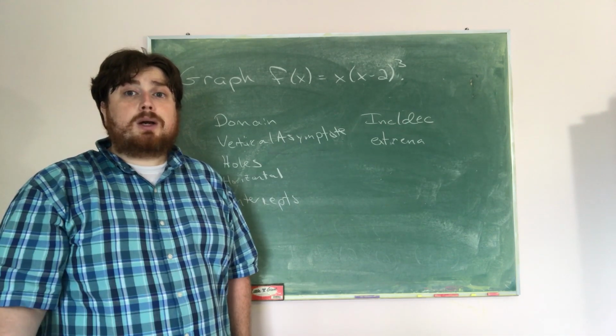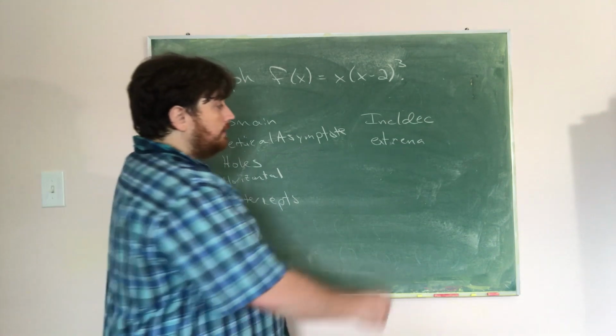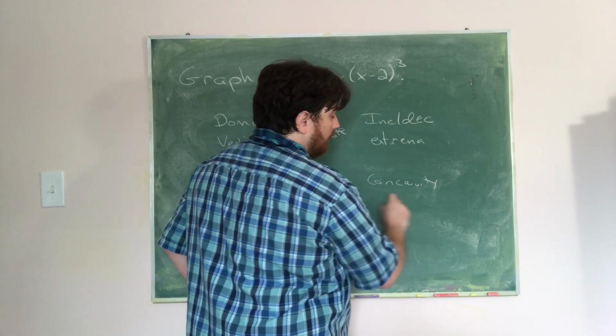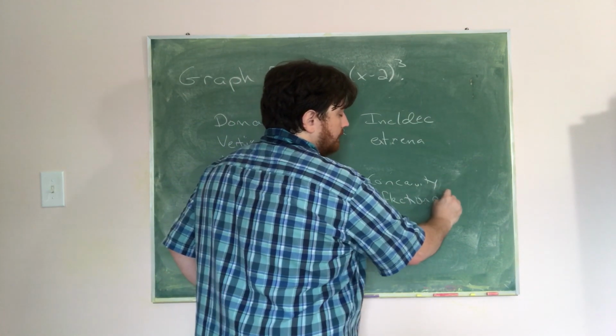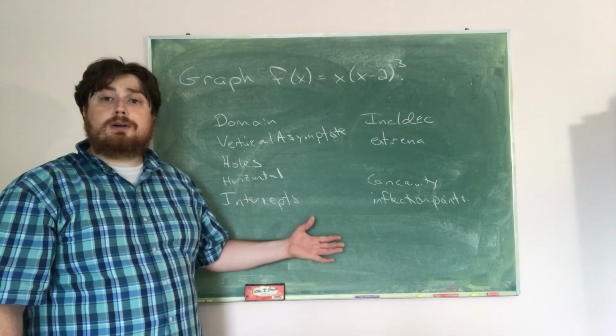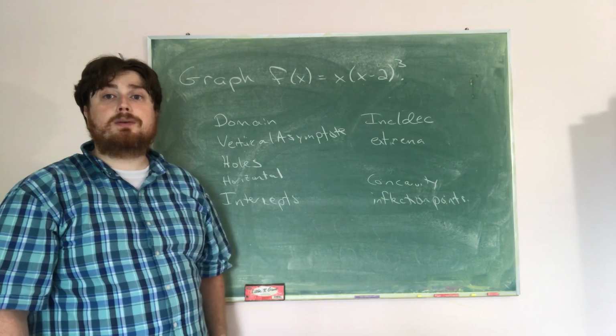Furthermore, I want to know, how curved is it? Is it straight? Is it curved up? Is it curved down? So I want to know concavity, and along with that, any inflection points. Now if I can get all of these things out and plot these correctly, I can get a very nice sketch of the graph.